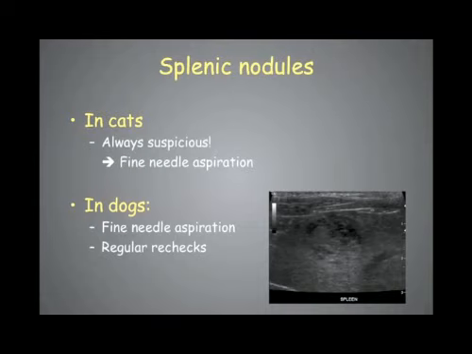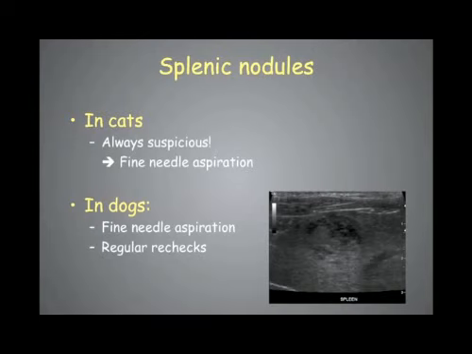If we can't, then we can propose regular rechecks with ultrasound examinations every one or two months, for example, to see if the nodule is increasing or decreasing in size. Because if it's a hematoma, it should disappear with time, and if it's a neoplasia, it will probably increase in size.